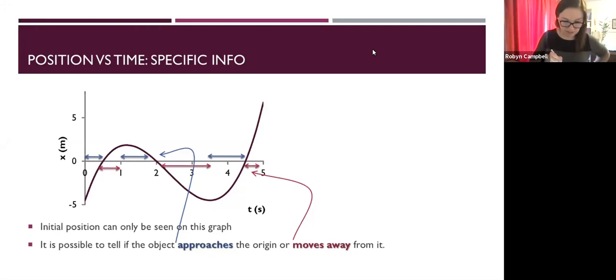Up until this point, so it'll reach the origin, 0, and then keep going, right? So that's what we're seeing here. So it's going towards the origin, and then it goes past the origin up until here. All right, we'll talk about this in a second, but this is called a turning point. At that point, it does what you'd expect. It turns around and starts heading back towards the origin.